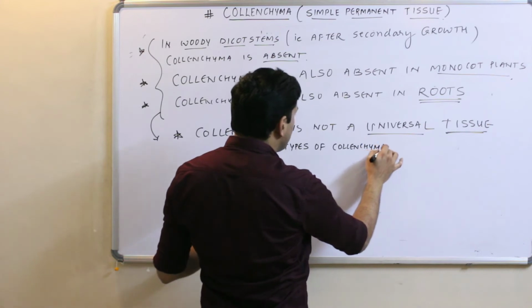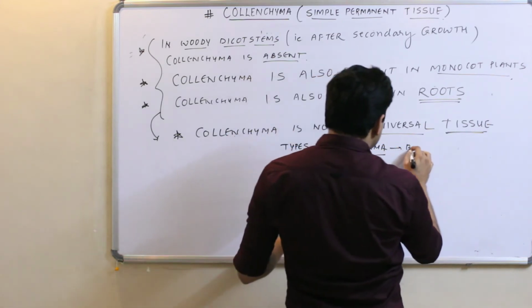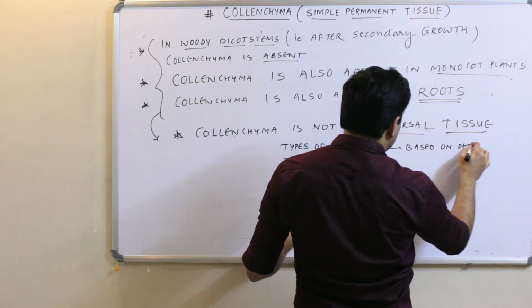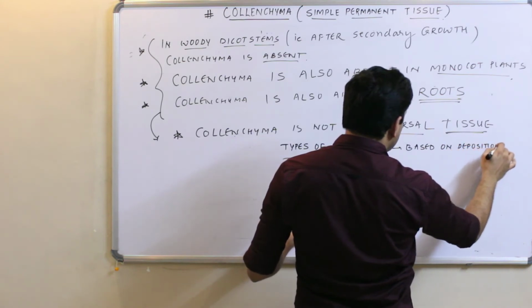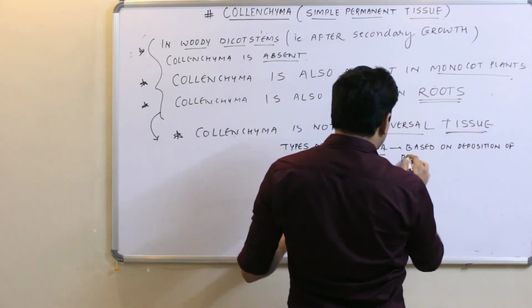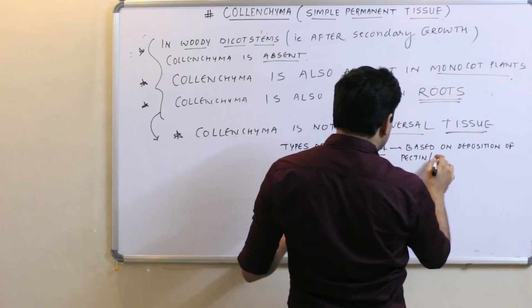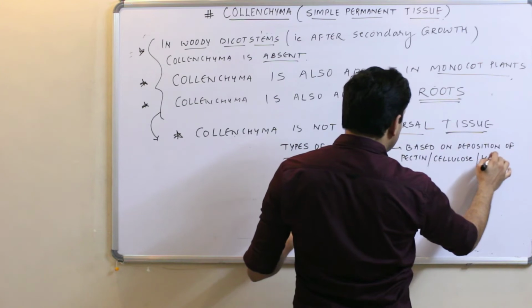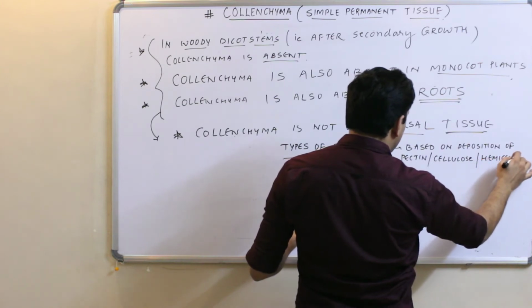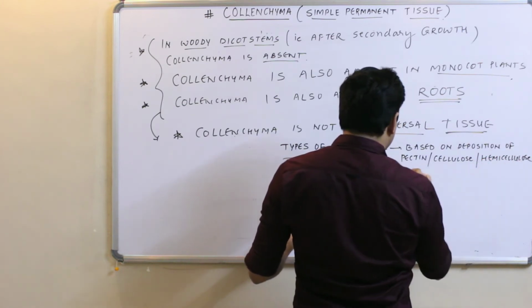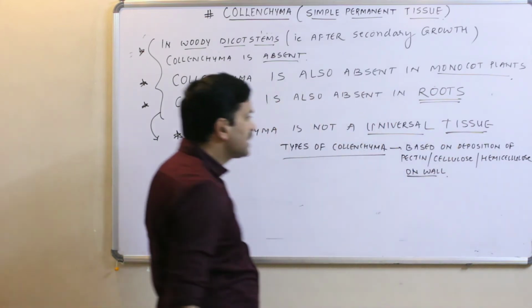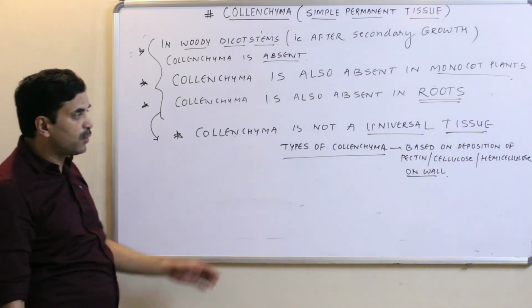Types of collenchyma based on deposition of pectin, cellulose and hemicellulose on walls. How are the pectin, cellulose and hemicellulose deposited on the walls?